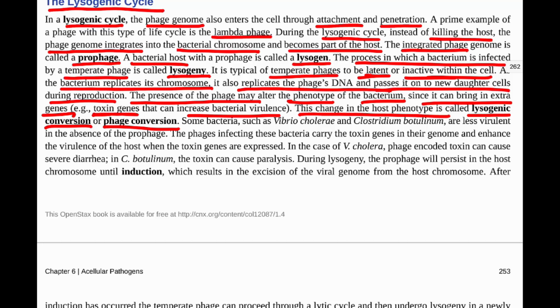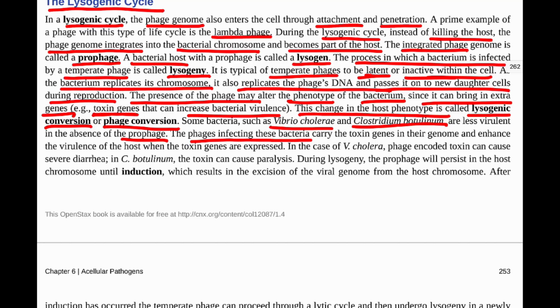And then it gives some examples here. Vibrio cholerae and Clostridium botulinum are less virulent in the absence of the prophage. So they're not as difficult to handle, not as virulent, unless they have this prophage in them. The phages that infect these bacteria carry the toxin genes in their genome and enhance the virulence of the host when these toxin genes are expressed.